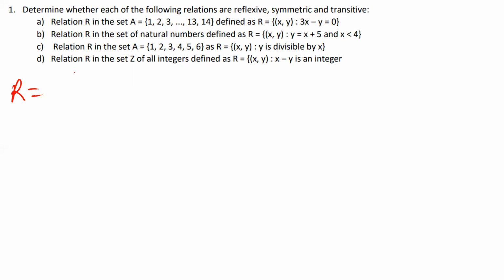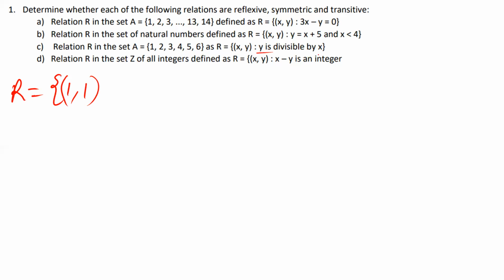Since y is divisible by x, it's possible for you to find (x, x) in this expression. What I mean is that it's possible to find (1, 1), because 1 is divisible by 1.